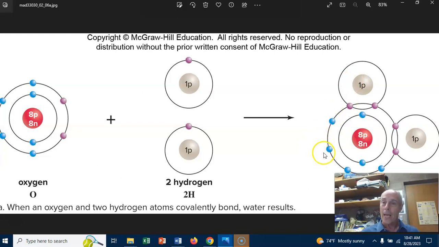So this side of the molecule, the molecule being the 2 hydrogens and the oxygen, will have a slight negative charge on this side where the electron spends more time, and a slight positive charge on this side where it spends less of its time.